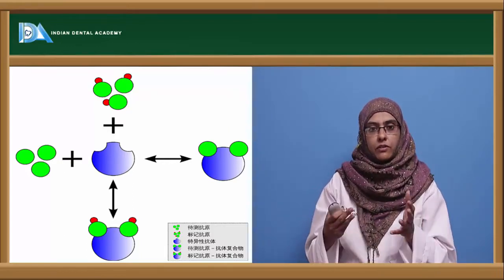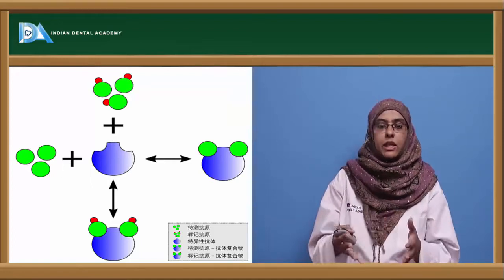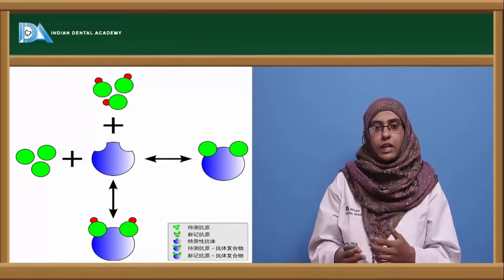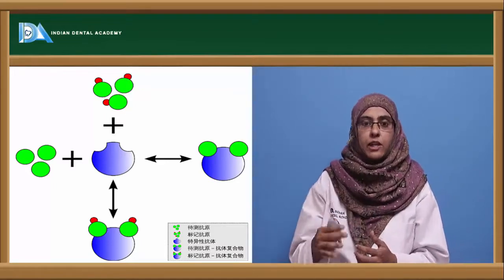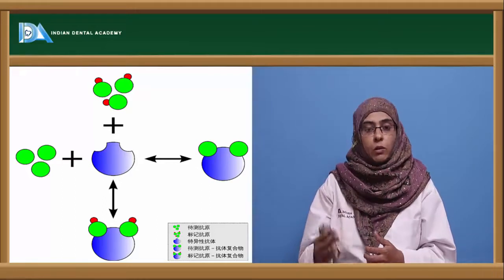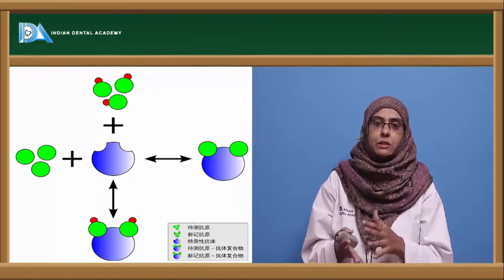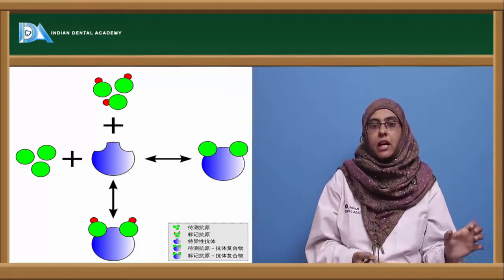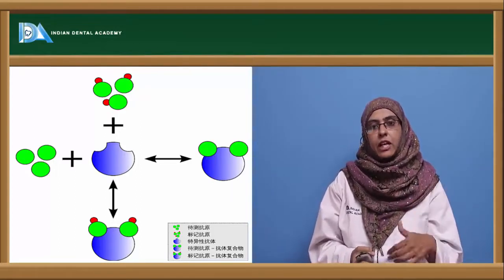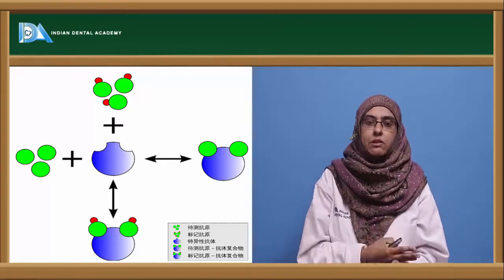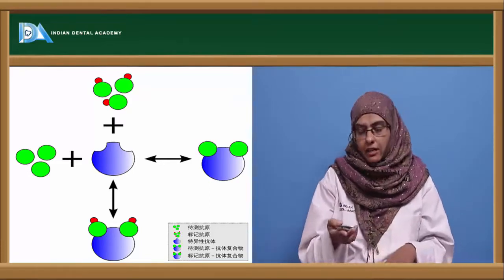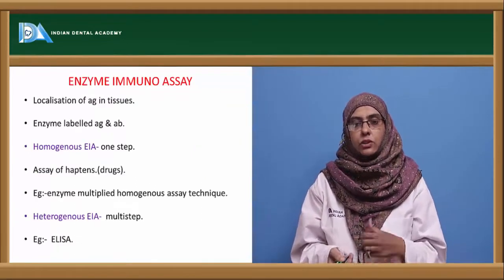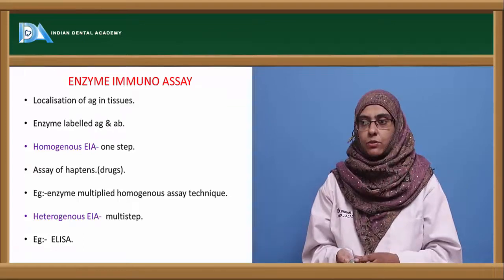Which of the two is more specific can be known with the help of the radiograph, the radioactivity that is produced. More radioactivity indicates less specificity between the antigen and antibody, that is the test serum, the unlabeled antigen. Less radioactivity indicates more interaction between the unlabeled antigen and the specific antibody. So here the antigen is usually labeled with the radioactive isotopes.